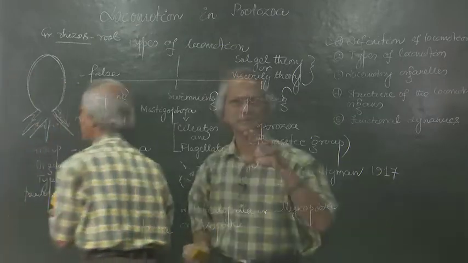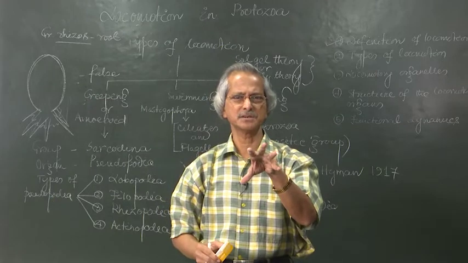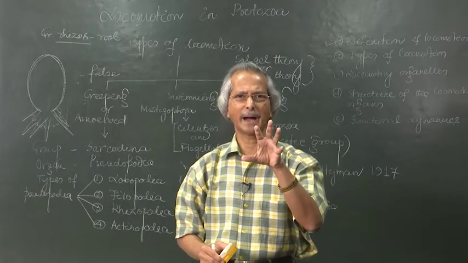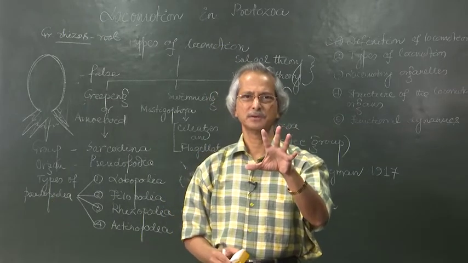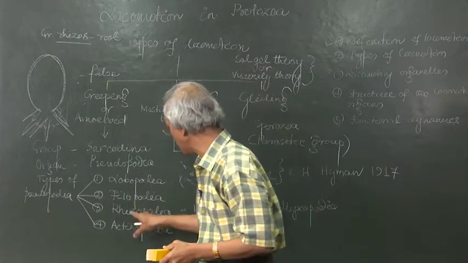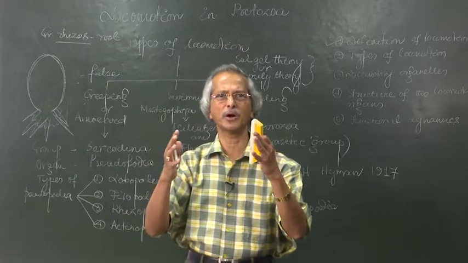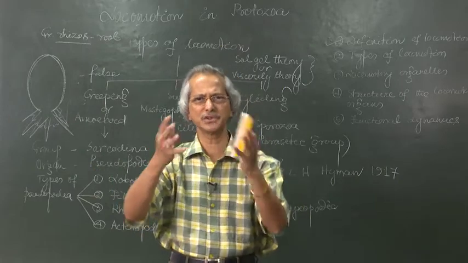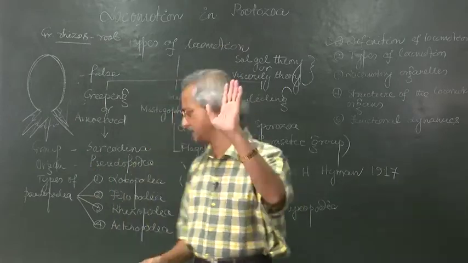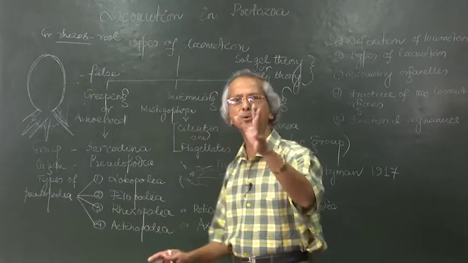These are also projected structures, but these are fine filamentous structures. The difference between filopodia and rhizopodia is that these are somehow anastomosing, joined with each other. That is the reason why these are also known as reticulopodia.